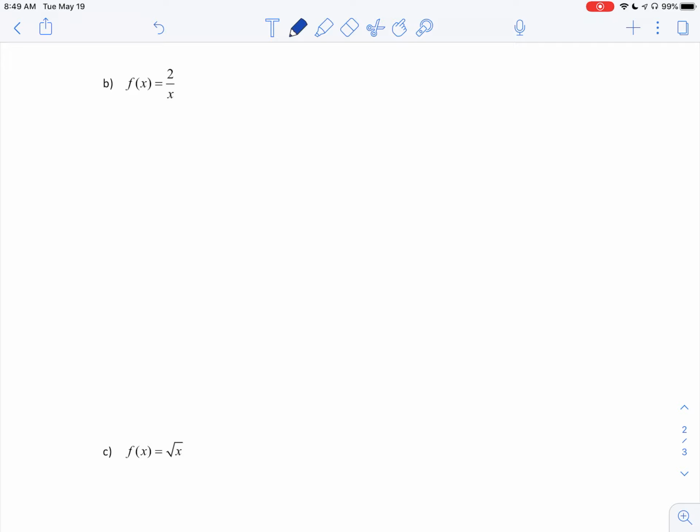All right, so this time our function is 2 over x. So again, we're going to be looking for the derivative. We'll just call it f prime of x again. So using that same definition, the limit as delta x approaches 0 of f of x plus delta x minus f of x all over delta x. All right, so we need to plug all this into our function.